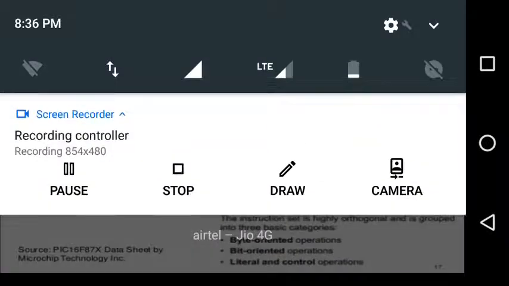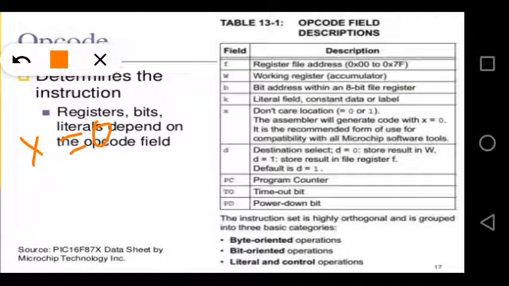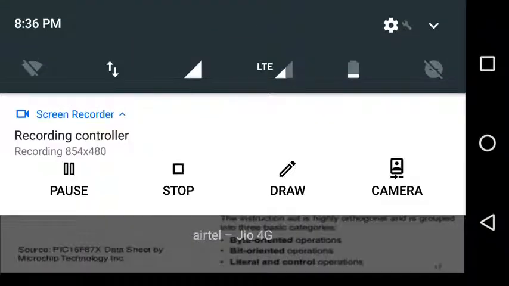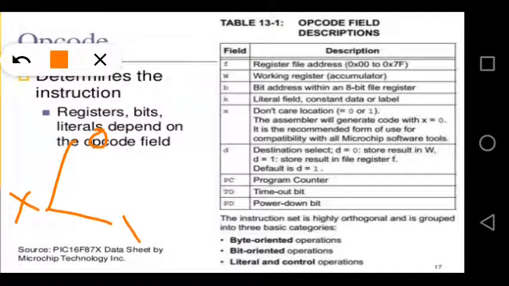Now we have small x whose value can be 0 or 1. So small x can take value 0 or 1.